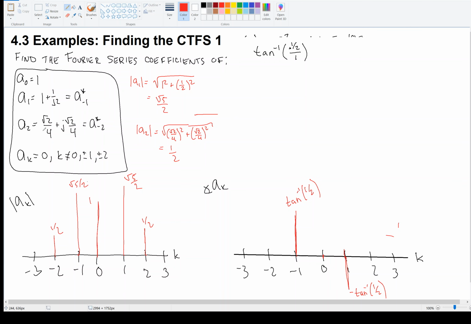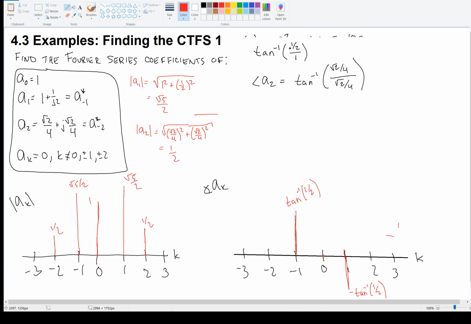Okay, now I'm on to A2, so I need the angle of this one. The angle of A2 is equal to the inverse tangent of the square root of 2 over 4 over the square root of 2 over 4. So do you know what that one is? Equal parts right and equal parts up.